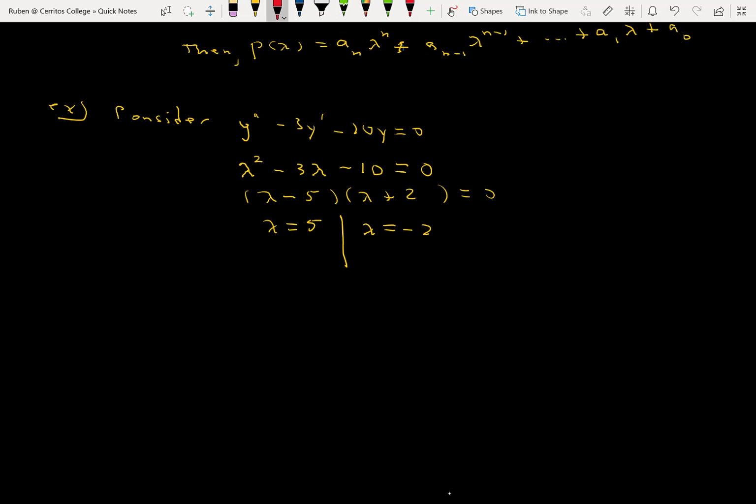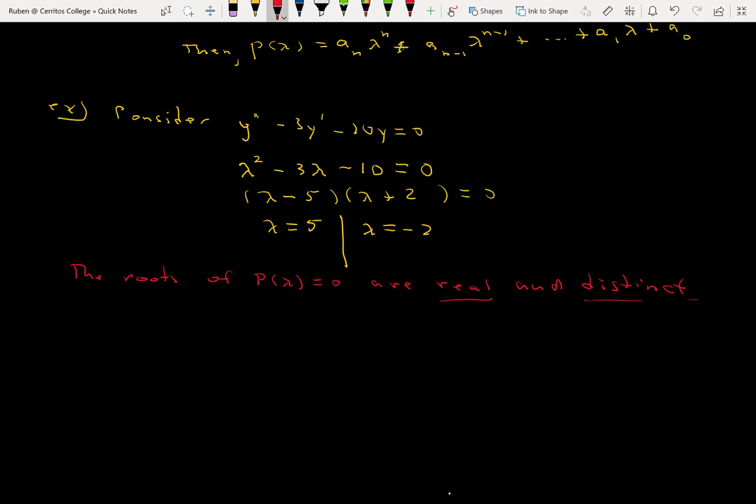They're both real and they're distinct. So in this case, the roots of the auxiliary equation, p of lambda equals 0, are both real, and they're different from one another, so we say that they're distinct.